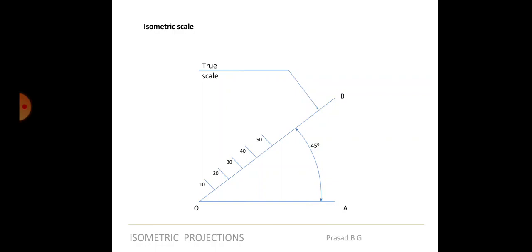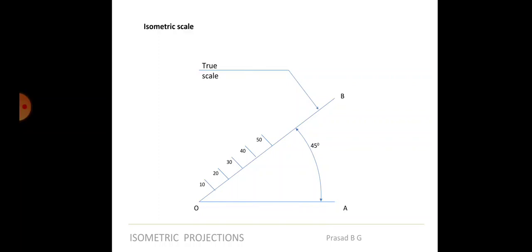Again I'm repeating, don't simply put the points, because you are taking measurements from this scale. This is the reference that you are drawing. So take the scale, measure properly, and mark those corresponding points where exactly 10 mm will be, 20 mm, 30 mm, 40 mm, 50 mm, 60 mm, and so on.